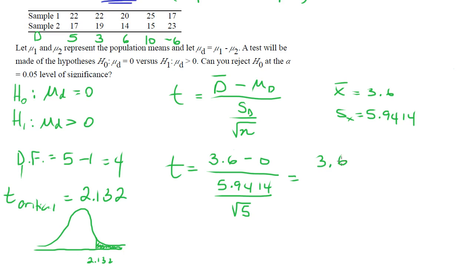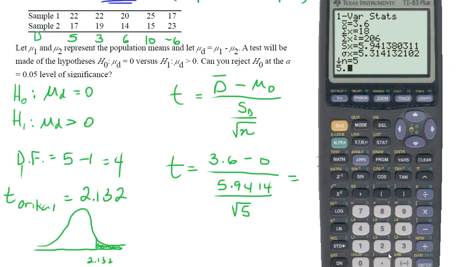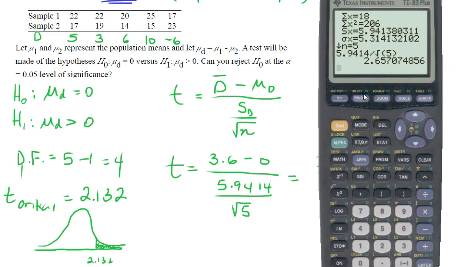So this is 3.6 divided by 5.9414 divided by the square root of 5, which is 2.6571.